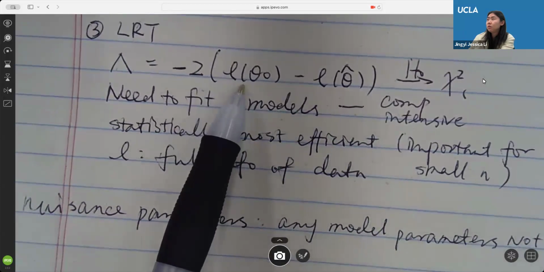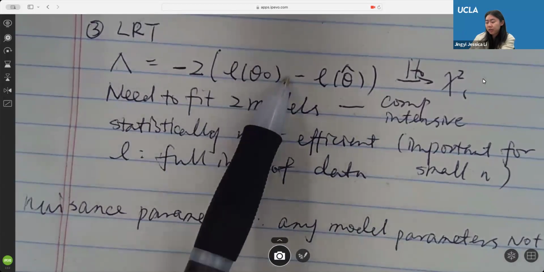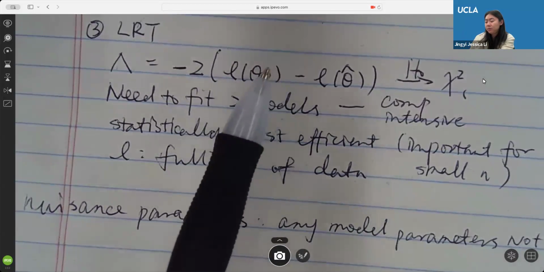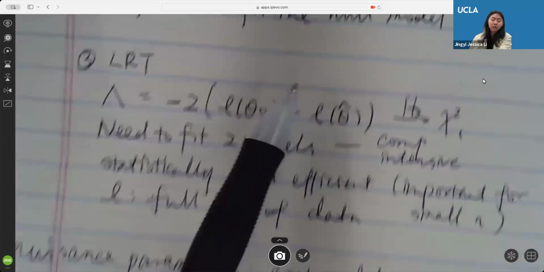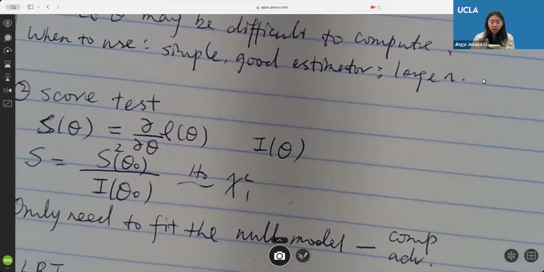But for the null model, we restrict our parameter of interest to be theta 0, and then we only maximize over the nuisance parameters. Okay, so that's the short answer about how, but this is a very key thing, and their estimation will actually affect how well we can do statistical inference for our parameter of interest.